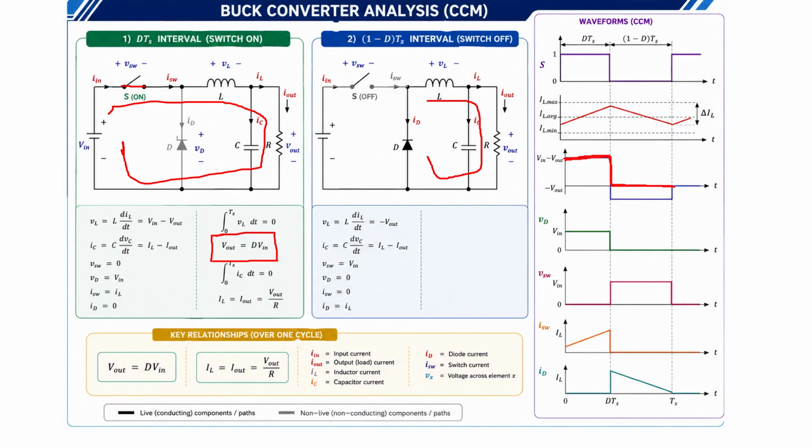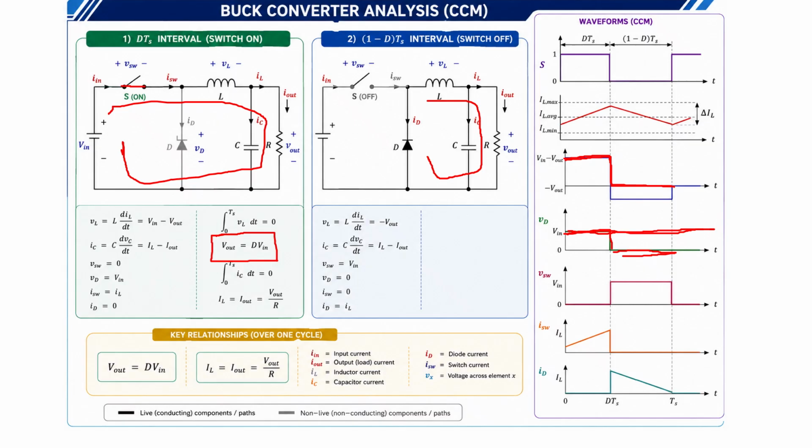Now the input voltage V in is a constant value throughout. VD, the voltage across the diode: during the turn on interval, there is a voltage across the diode, and during the turn off interval, your diode acts as a short circuit and the voltage across the diode will be 0.